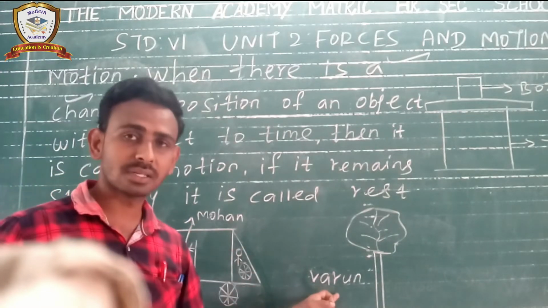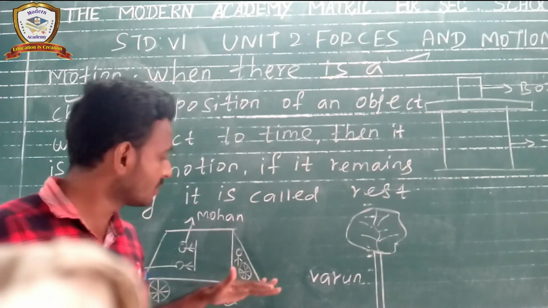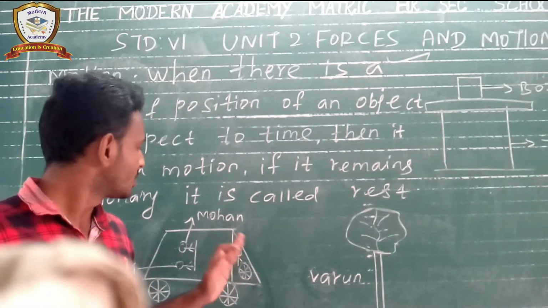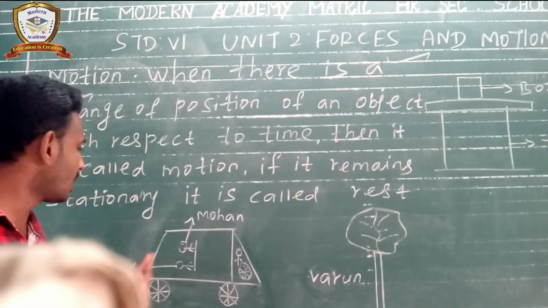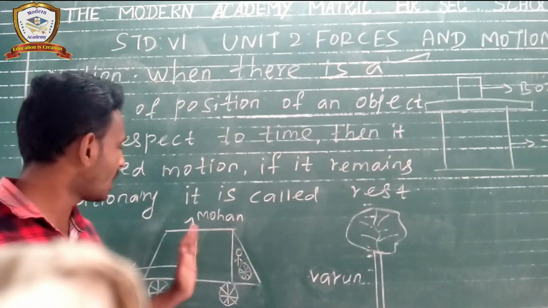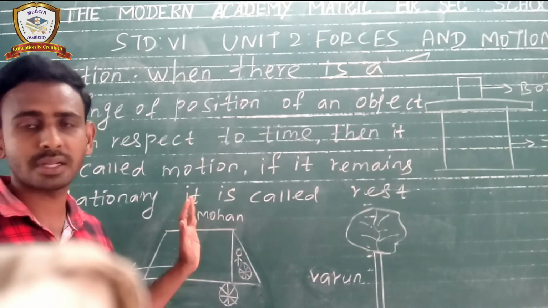But from Varun's point of view, Mohan is moving, right? That means the car is moving from one place to another place. Inside the car, both Rekha and Mohan are sitting, right? So from Varun's view, the car is moving. That means Mohan is also moving with the car, right?